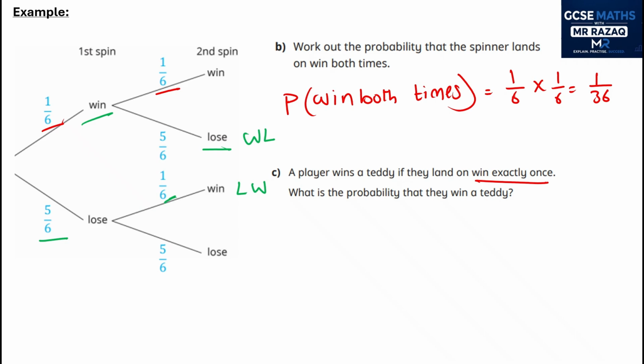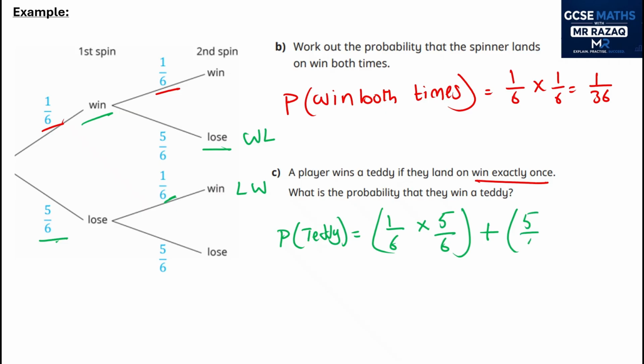Let's work out these probabilities. The probability of winning a teddy would be win and lose, 1 over 6 times 5 over 6, plus 5 over 6 times 1 over 6.